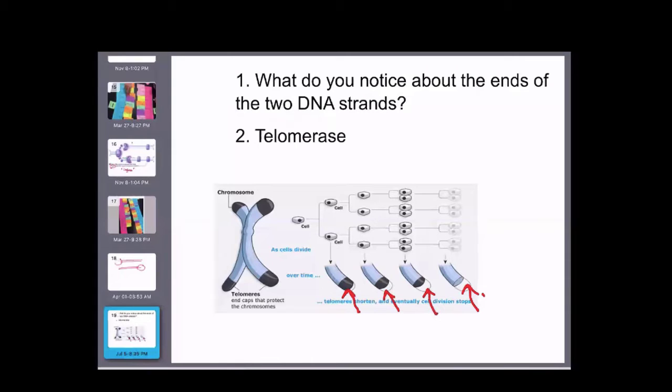So we actually protect the ends of our chromosomes with telomeres, and telomeres are basically a cap, a repetitive sequence. So it doesn't matter that we keep not replicating the very, very tips. But over time, the telomeres shorten. And once the telomeres are completely gone, the cells naturally die.